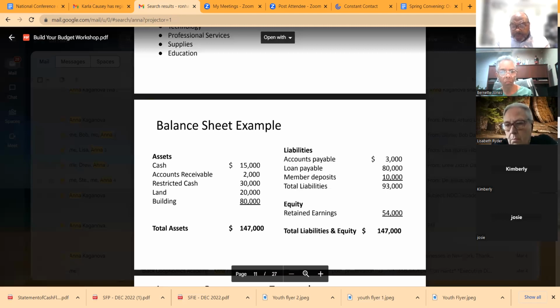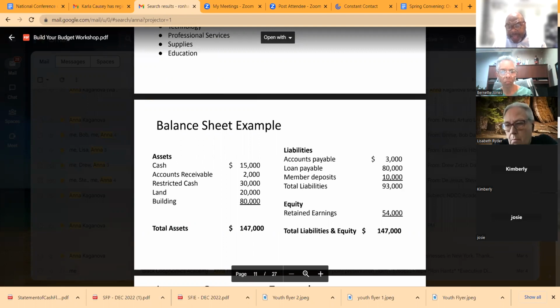And total liabilities were 93,000, added with retained earnings. Retained earnings are carryover earnings from a previous year. So in this case, if it was a nonprofit, they had retained earnings in terms of what they had paid out and what they had retained in terms of overage.